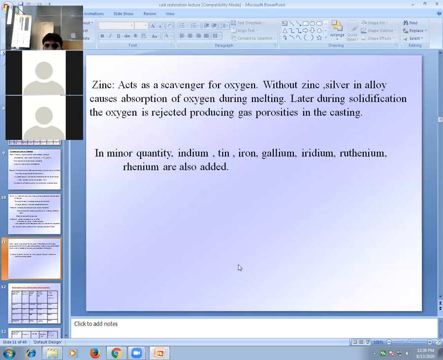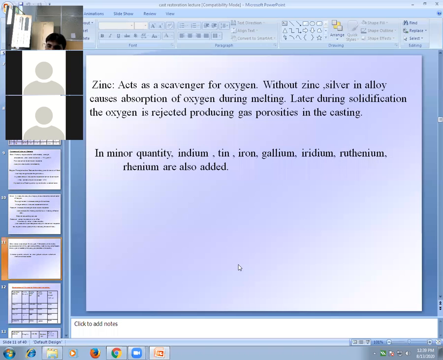Later, during solidification, the oxygen is rejected, producing gas porosities in the cast. So basically what happens is the alloy absorbs this oxygen, or it readily undergoes oxidation during the melting stage, and while there is solidification, this oxygen gas is released.